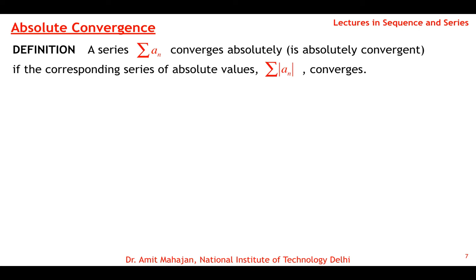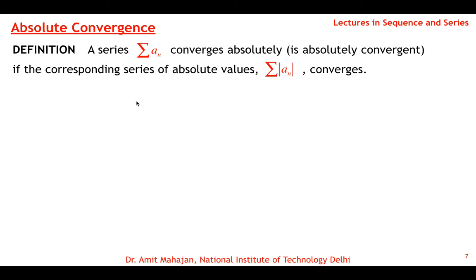In that case the series may converge or may diverge, depending upon the behavior of the terms. So the concept of absolute convergence can be used to test the behavior of series where some of the terms are positive and some of the terms are negative.